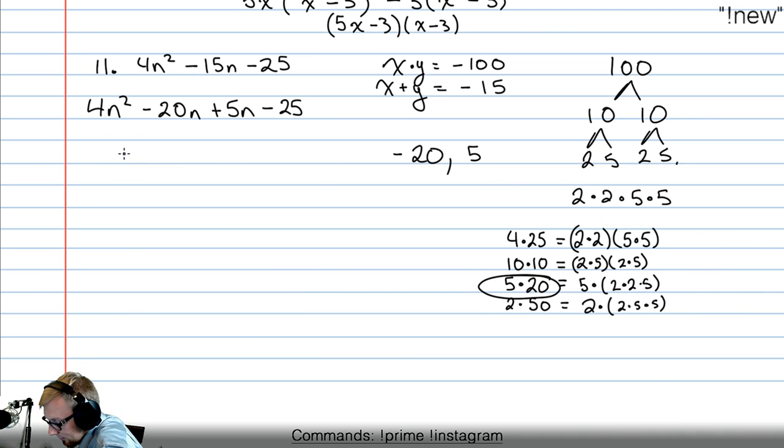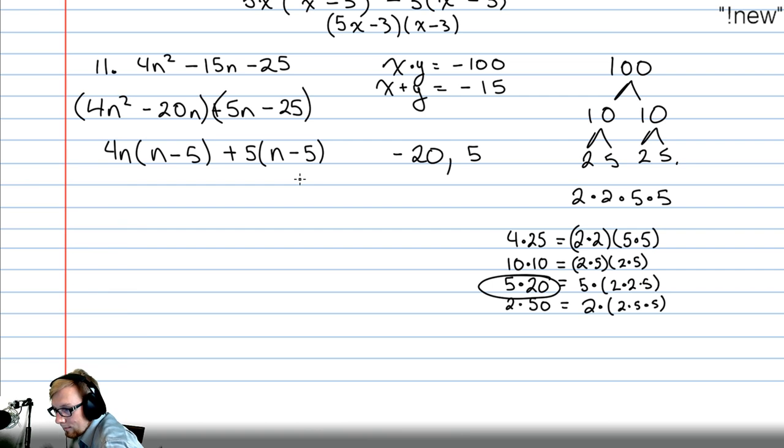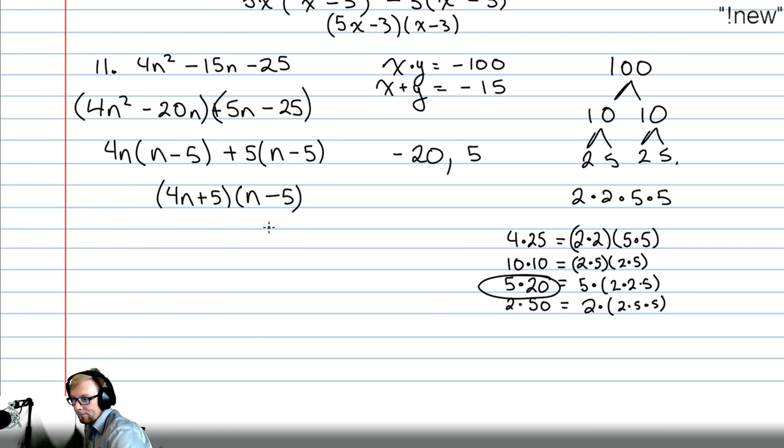Greatest common factor for your first group, 4n, n minus 5, plus 5, n minus 5, leaves you with 4n plus 5 and then n minus 5. Good. You've got it, bud.